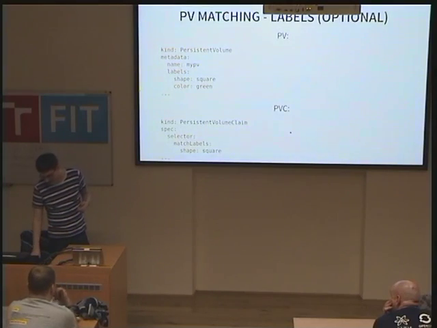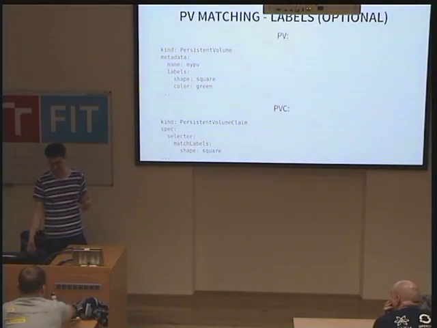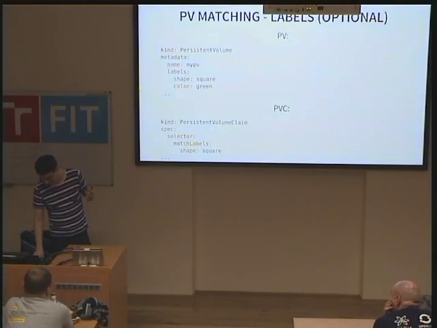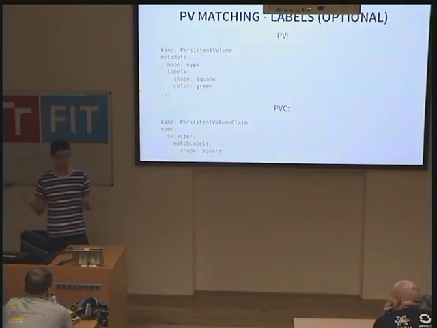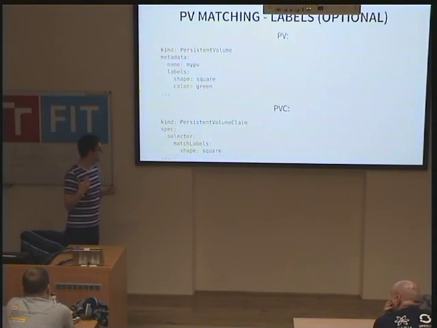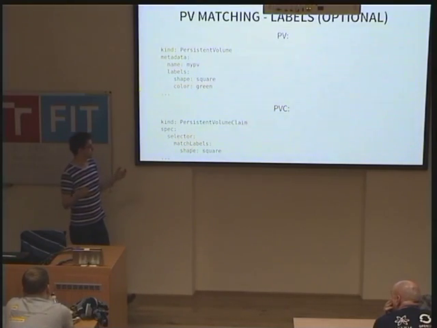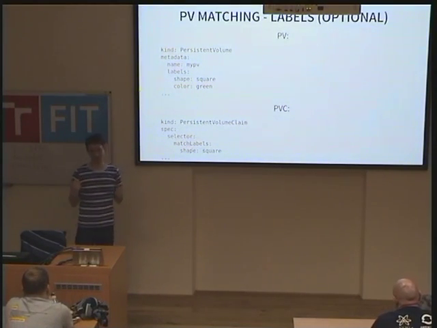For example, I have a volume that has labels shape square and color green, and the user wants some persistent volume with shape square, and this will match. If the user wants shape, I don't know, triangle, it won't match.